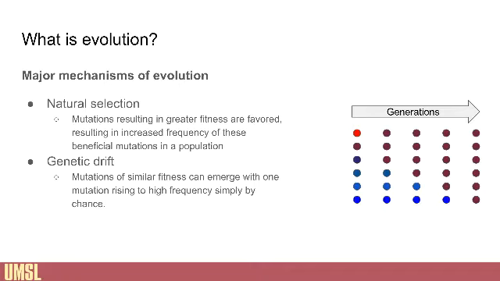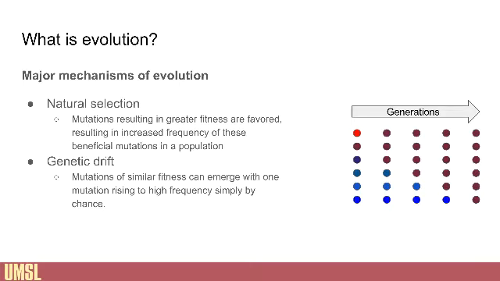And in subsequent generations, we see that essentially this entire population becomes dominated by this one allelic variant. And so this is one of the classic signatures of natural selection.